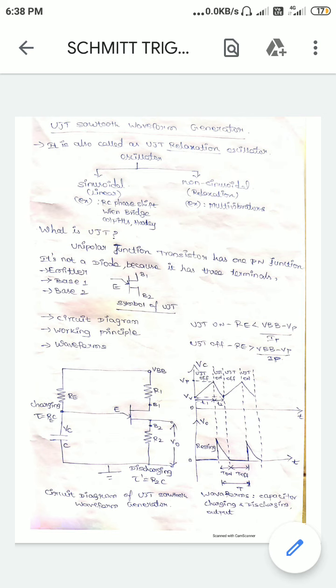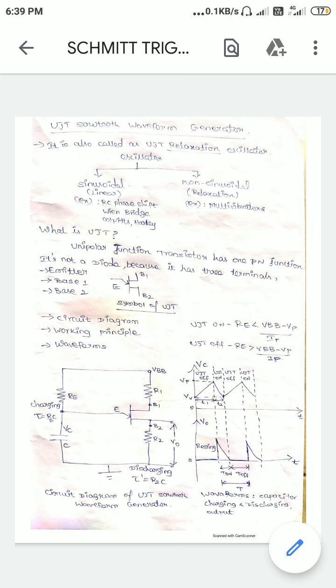Now see, the waveform looks like a sawtooth, a triangular or sawtooth waveform. When the UJT is on, the decaying line is there, no? That time period is known as T2, and the charging cycle time period is called T1. Discharging is T2, charging is T1.